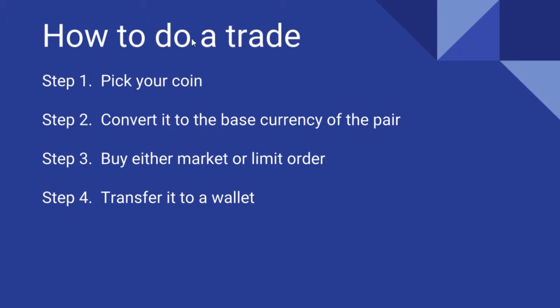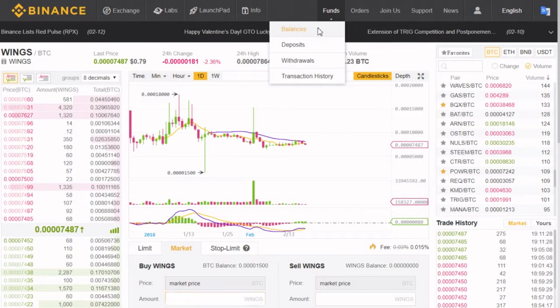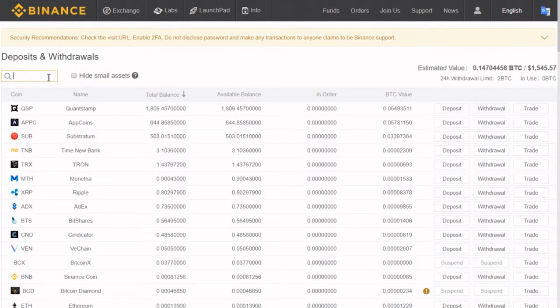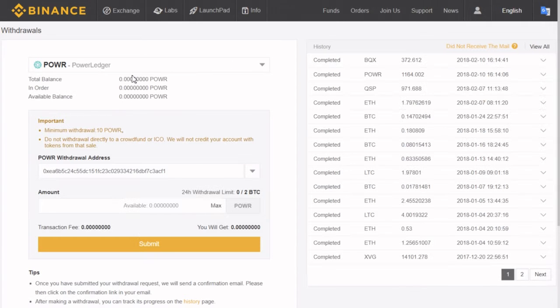And the fourth step, as I said before, is transfer it to a wallet. So once you've got your power, as an example, you go into balances, you can look up your power, and you go withdrawal. Now, you would find if you have a wallet, depending on what type of wallet, and I'm going to go through all the different types of wallets in the next video, you put the wallet address in here, you put the amount of power that you want to transfer.